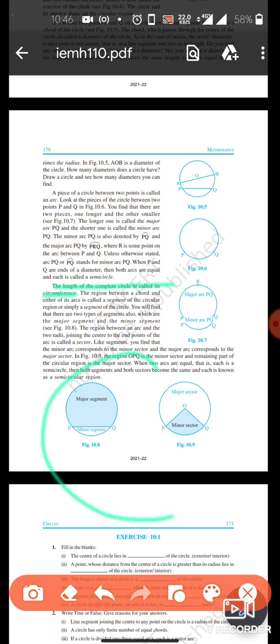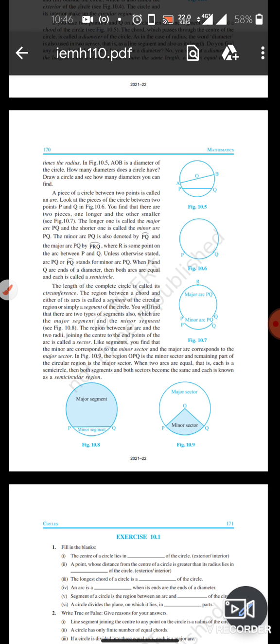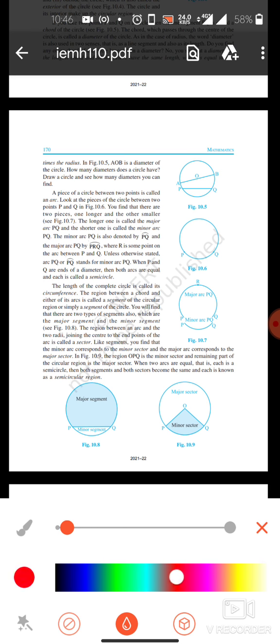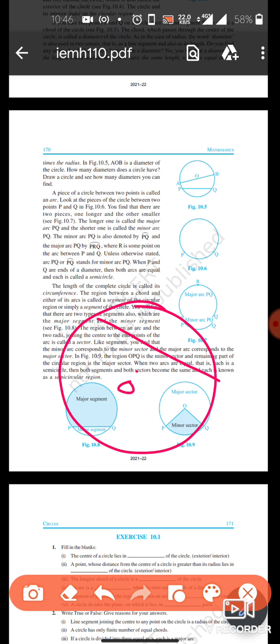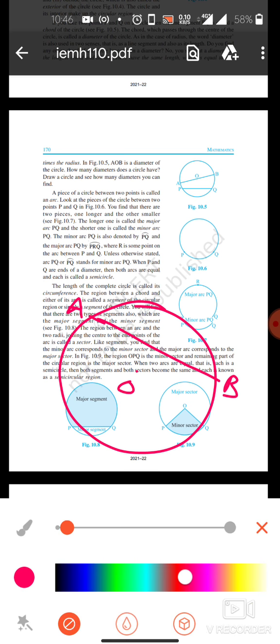Suppose this is your circle and this is your center. Now I want to draw a chord over here, suppose this is the chord AB. The area between the chord and the arc, the same arc, arc AB and chord AB. So here I have minor arc AB and this is chord AB.